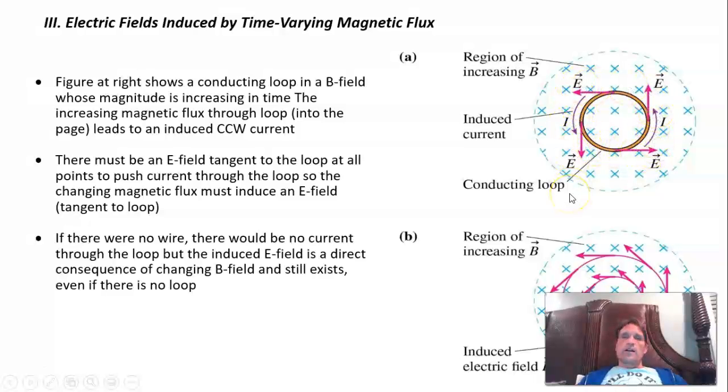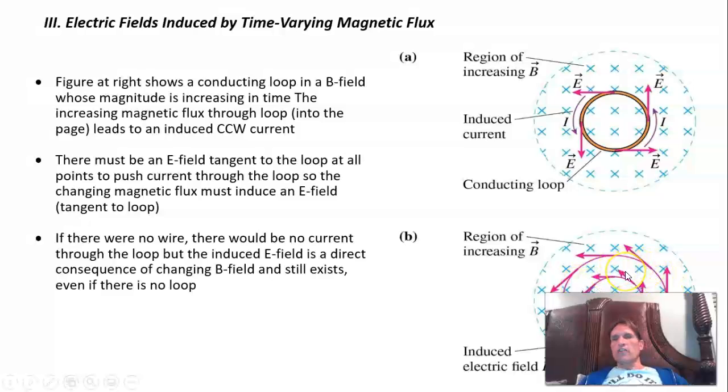Okay. Now, it turns out that even if we remove the wire, so suppose we actually remove the wire from the field here, but we continue to vary the magnetic field with time, you wouldn't get a current because you don't have a wire, but you still would get a circulating electric field whose directions are circles surrounding the magnetic field.